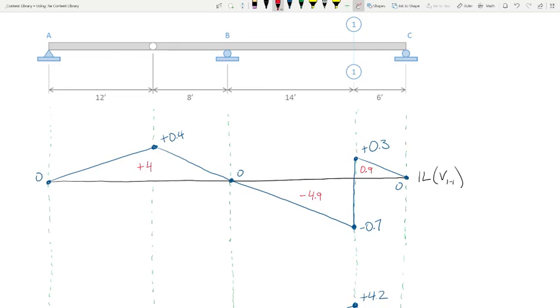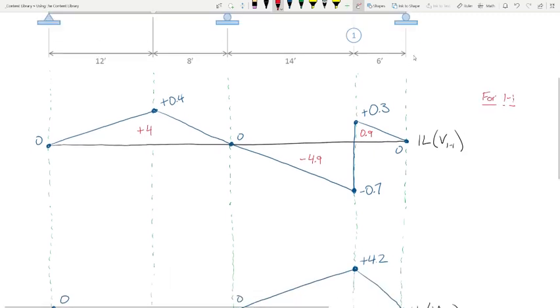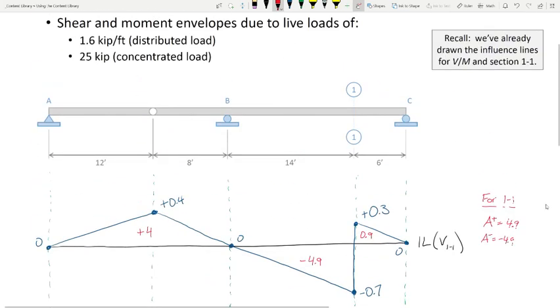So here's what I want to show you. For section 1-1, oh, sorry, mouse. The positive area is 4.9. The negative area is negative 4.9. I don't know why my pen's, it's like it's running out of ink right there.